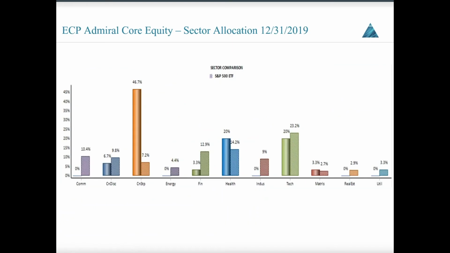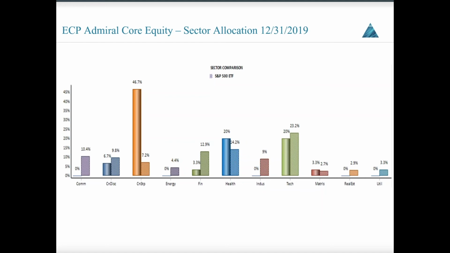Let's move on to the Admiral. And again, one thing I want to mention, when you look at this 46% weight in staples, during the construction of the Admiral portfolio, same thing with the earnings certain portfolio, I do not build any of these portfolios with any sort of guidance or restrictions on weights for a particular sector.